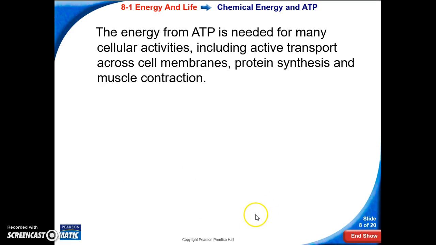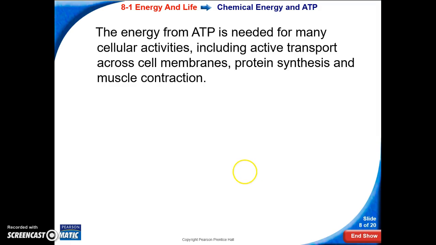Any cellular activity, like active transport that we talked about before, going across the cell membrane, when you're trying to move something from a low concentration into a high concentration, going in the opposite of a normal diffusion direction, we need energy to do that. And so ATP, when we break off that third phosphate group, gives the energy that's needed to move something across the cell membrane.